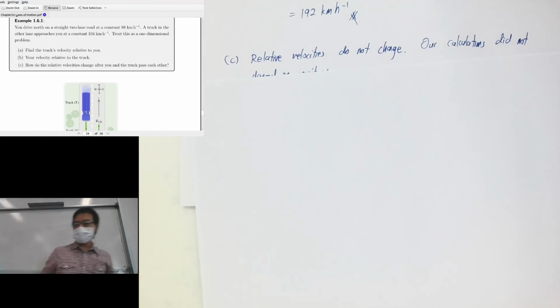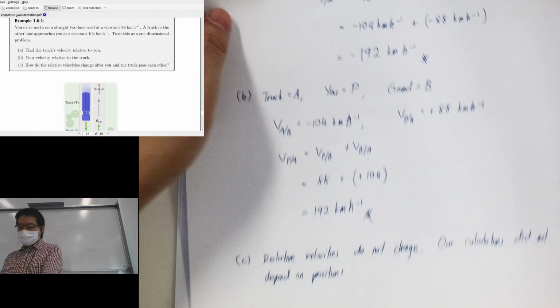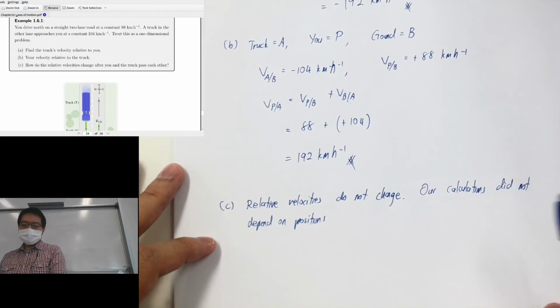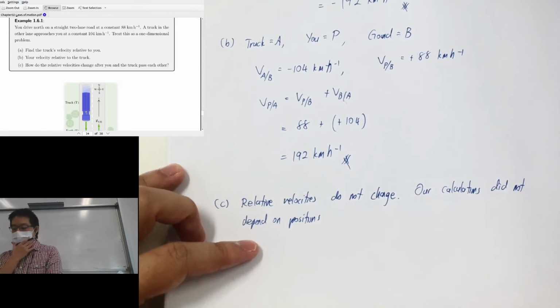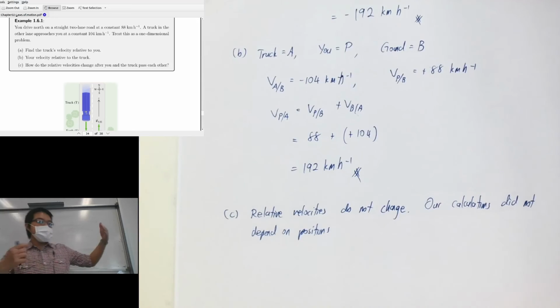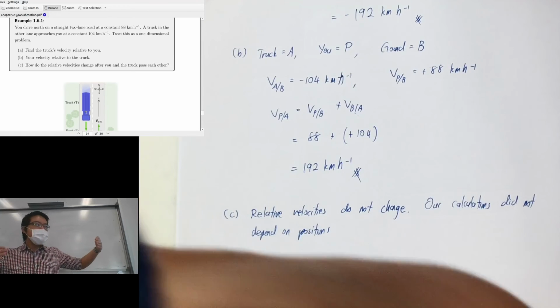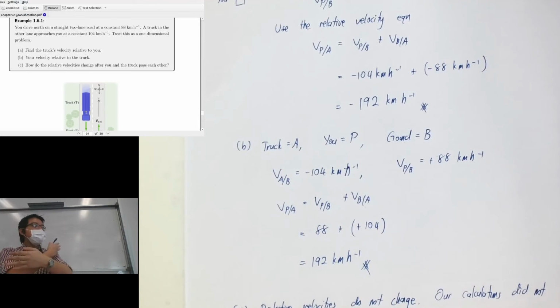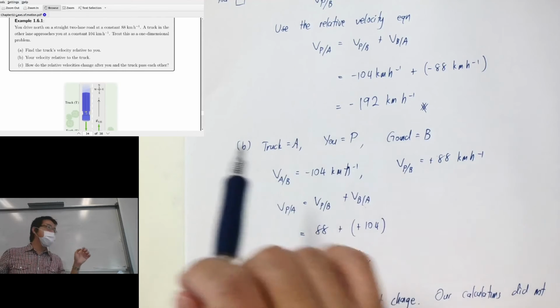Part C. So the answer is the same. That means even after the truck and car pass each other, I'm going to explain part C again. What is the velocity of the truck observed by you after you already pass each other? It is still negative 192, right?